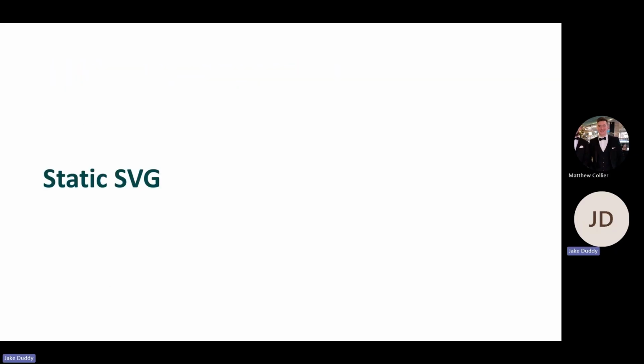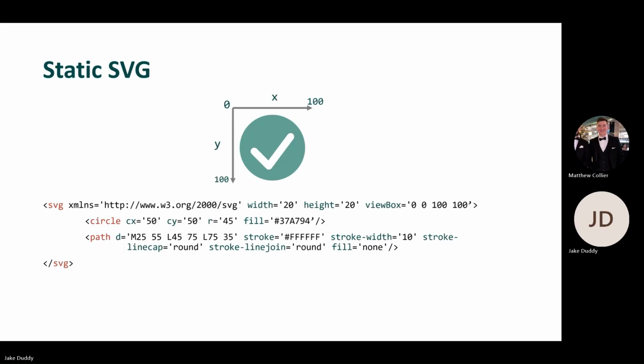First of all, how do you create a static SVG? If you wanted to create this nice tick mark, we're going to define an SVG. Power BI likes to have this XML, this little URL here, otherwise it doesn't like to work.